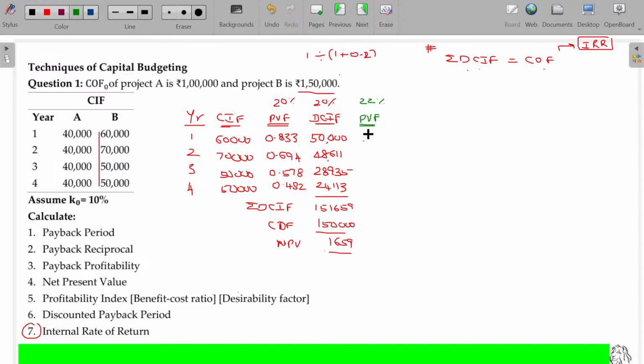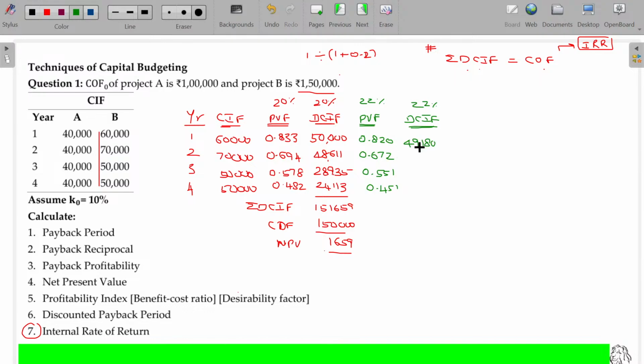In the very first year 0.820, second year 0.672, third year 0.551, fourth year 0.451. Now find out the discounted cash inflow at this rate. You multiply the cash inflow with the 22% PV factor to get the discounted cash inflow at the rate of 22%.